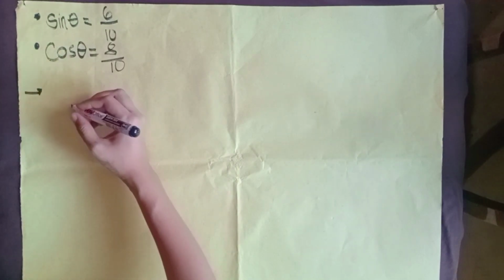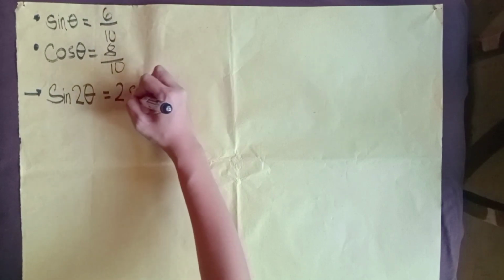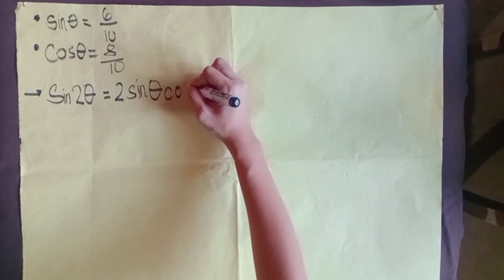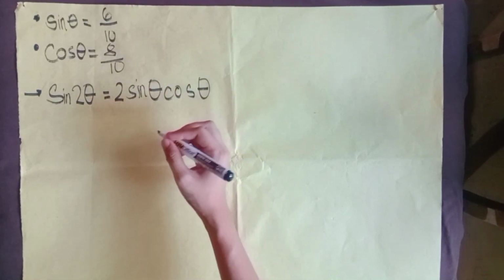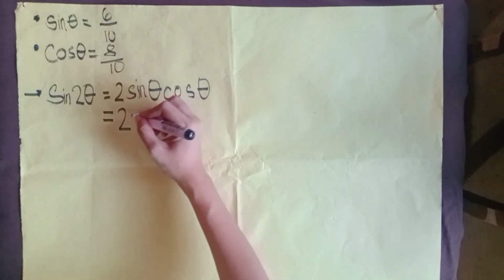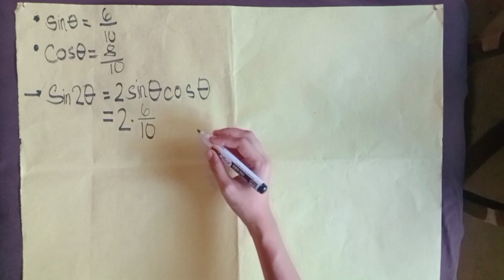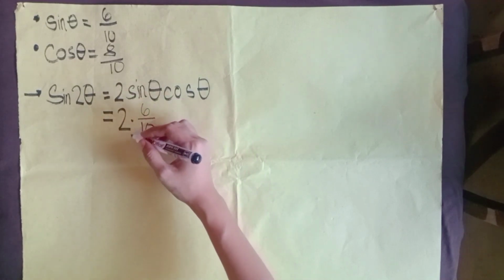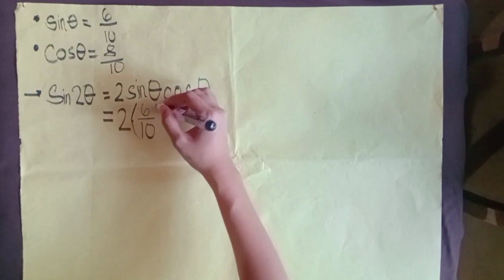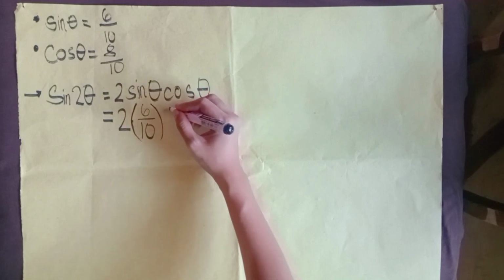Now let's find the value of sine 2 theta equals 2 sine theta cos theta. So the sine theta is 6/10 times, and cosine theta is 8/10.